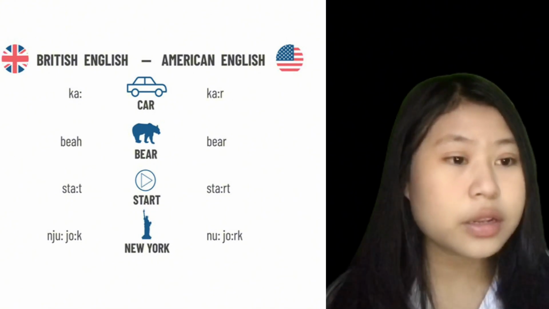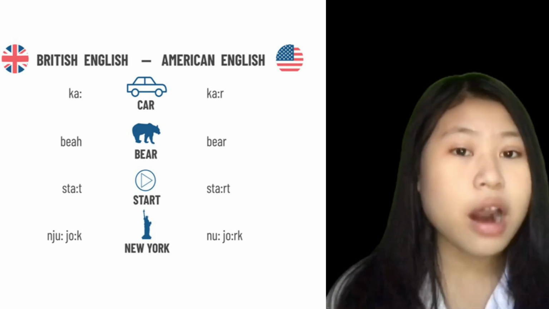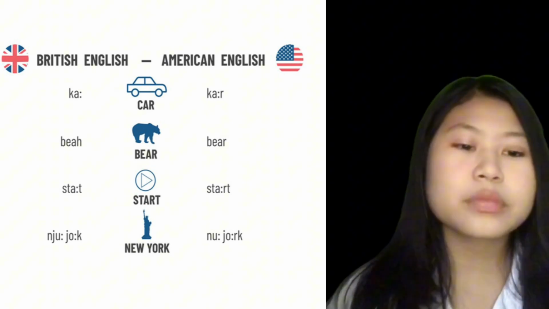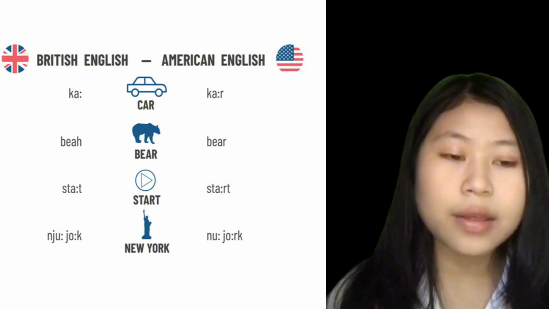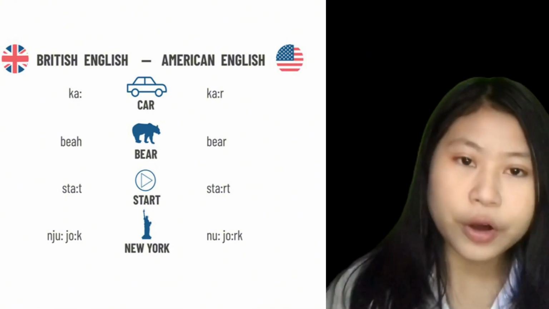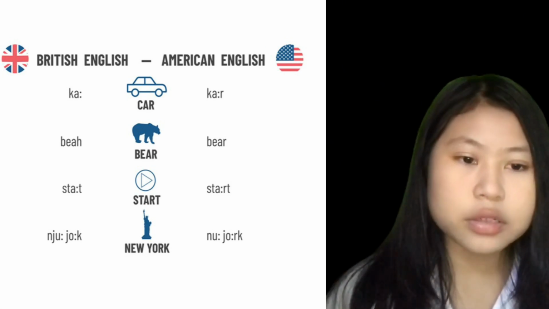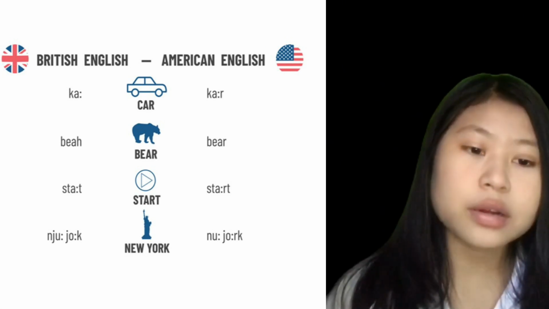Meanwhile, in American, it's pronounced car, where the R sound is pronounced obviously. And then there are the words bear and bear, start and start, New York and New York.